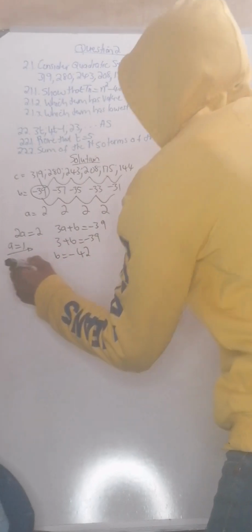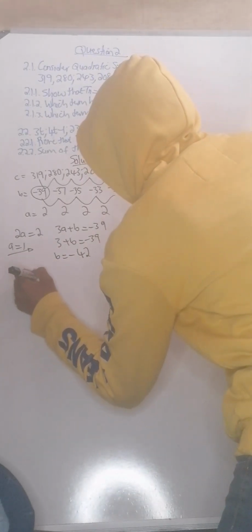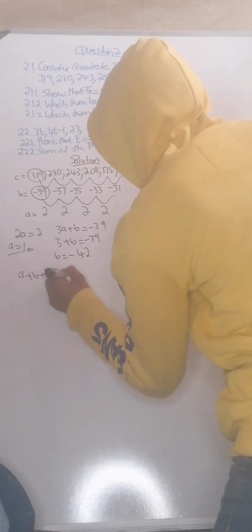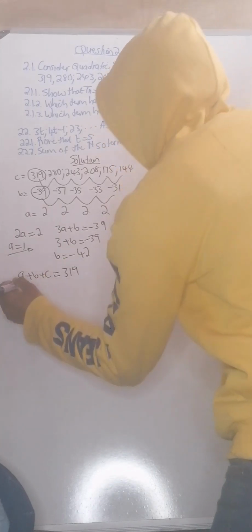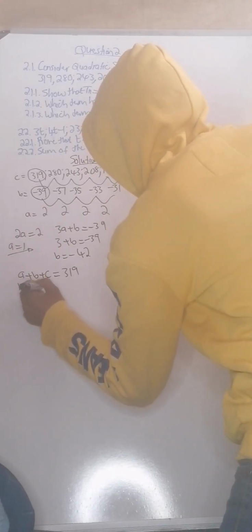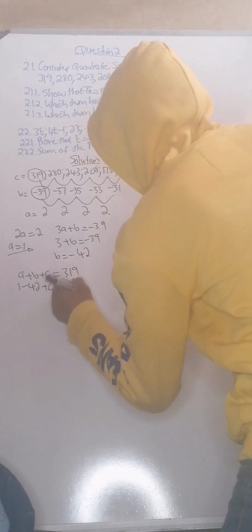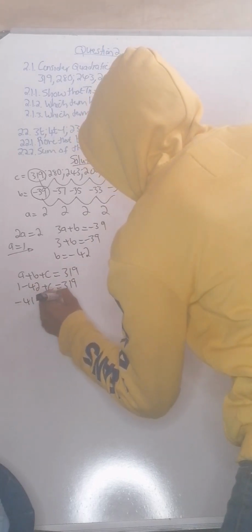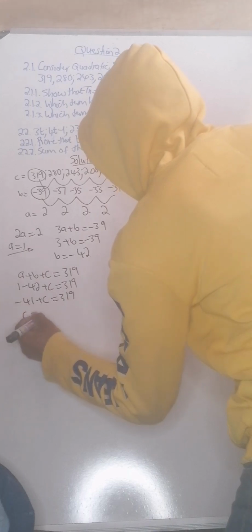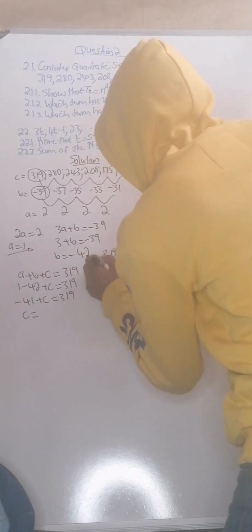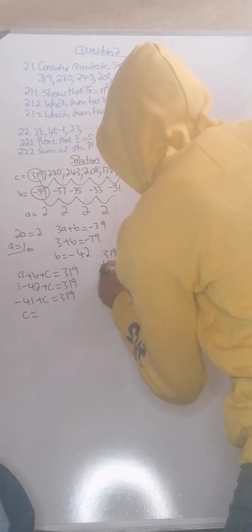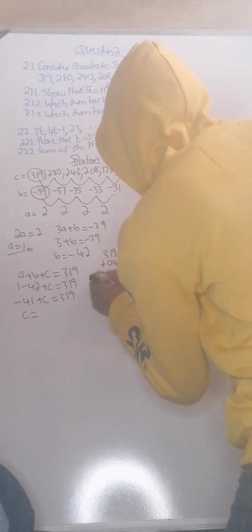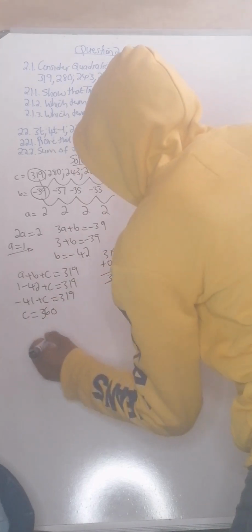In order to find c, you say a plus b plus c equals the first term, 319. So you have 1 minus 42 plus c equals 319, so minus 41 plus c equals 319. c is 319 plus 41, and you get 360.